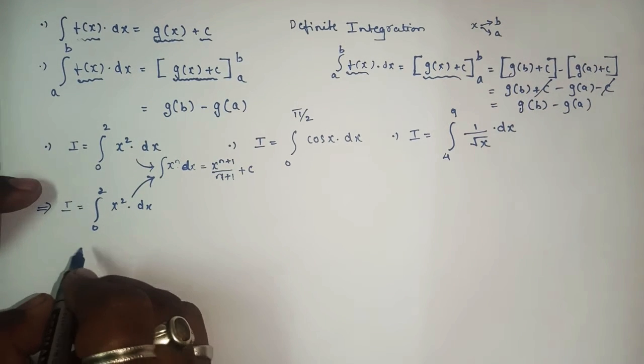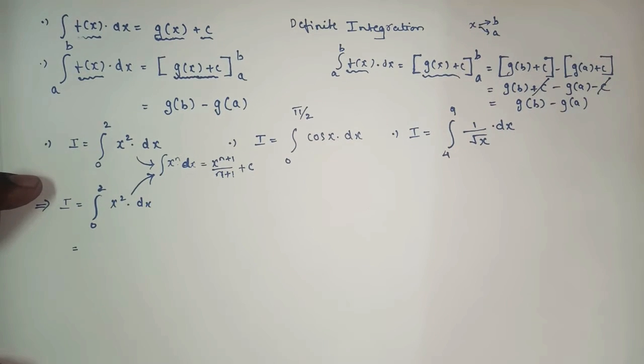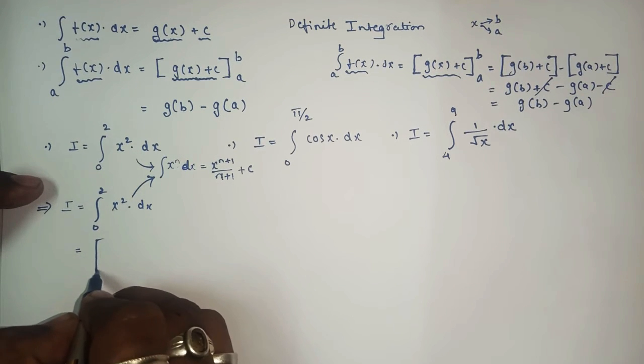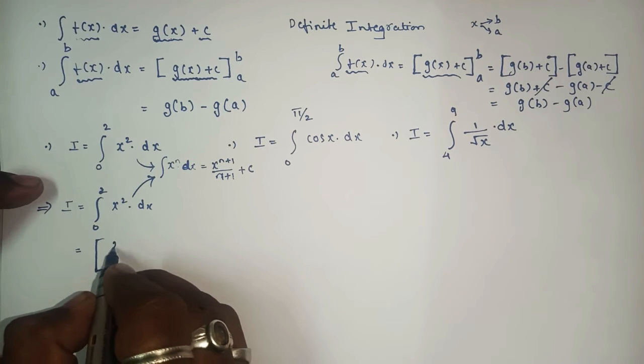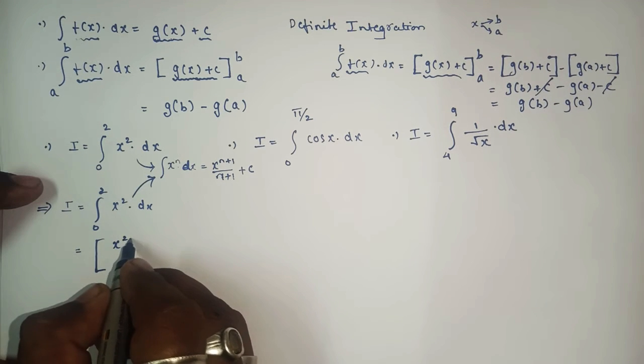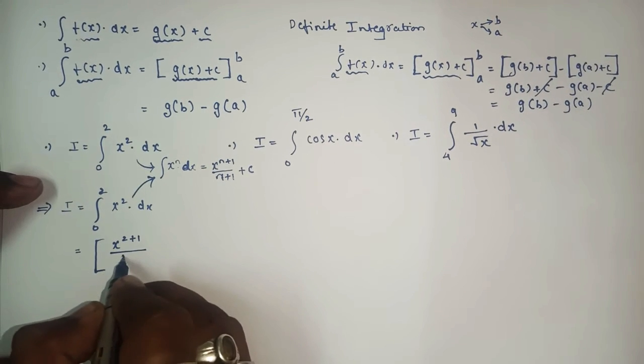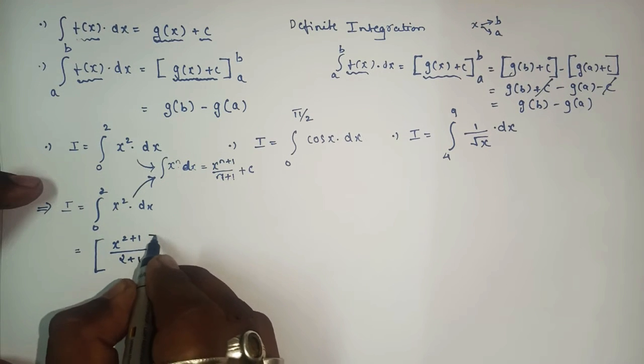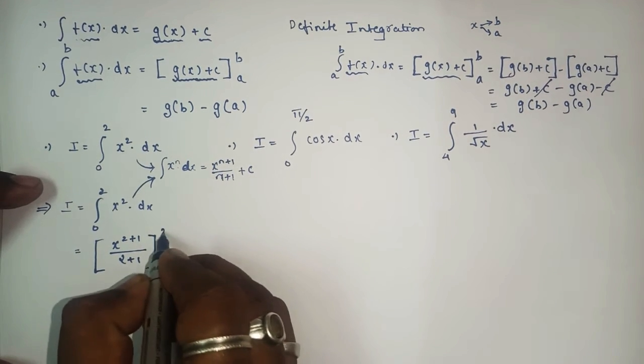So now, integrating with respect to x, you will get x raised to n plus 1 upon n plus 1. Here no need of writing plus c. The limits 2 and 0 will come.